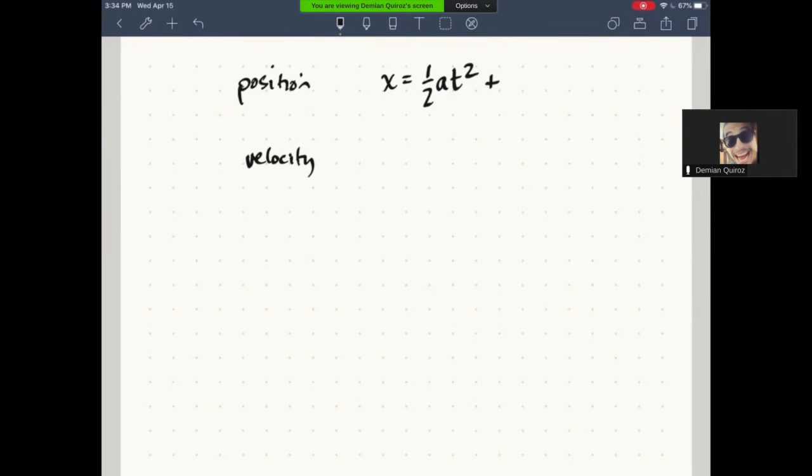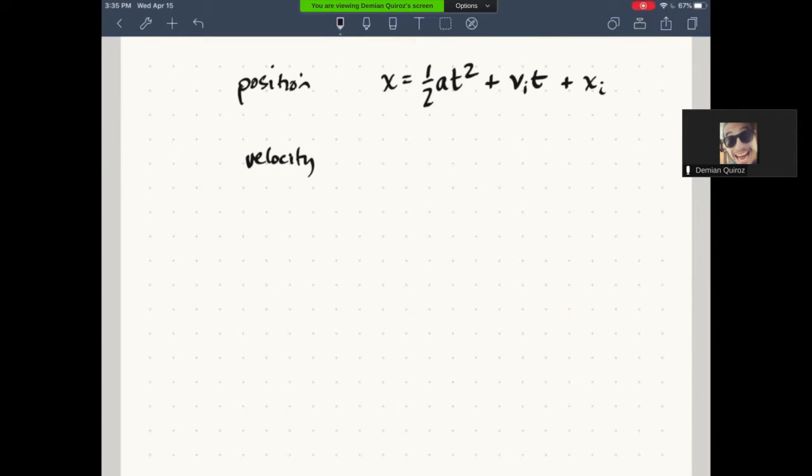That's how much displacement happens based on it accelerating, changing its velocity. And then this next one is how much it's going to go already because it already has a speed or velocity. Plus, where did it start? So now we can actually figure out where it's at.